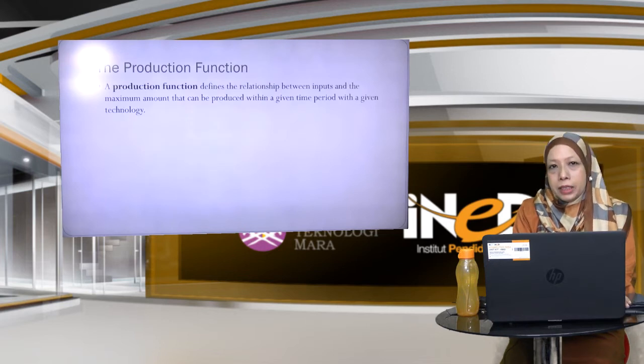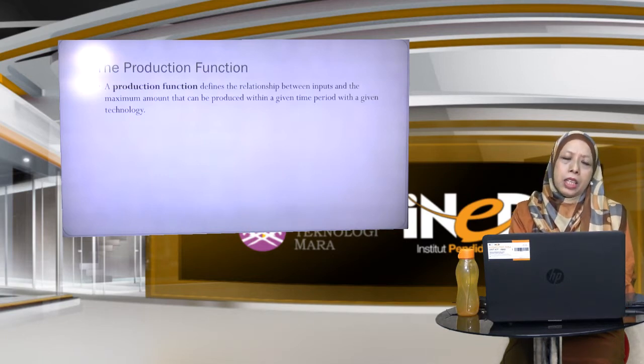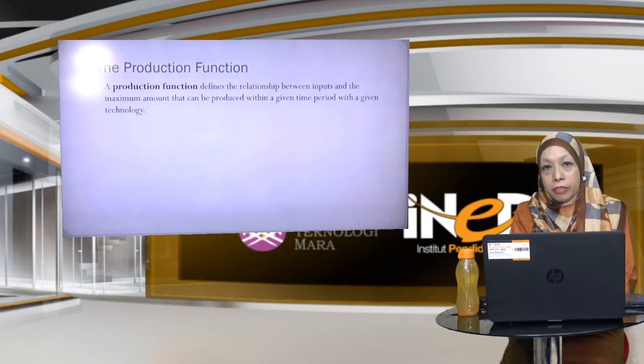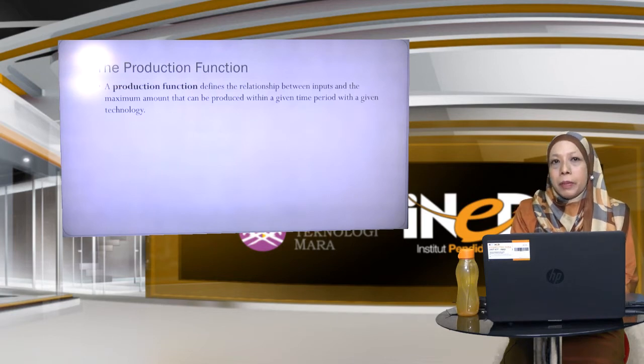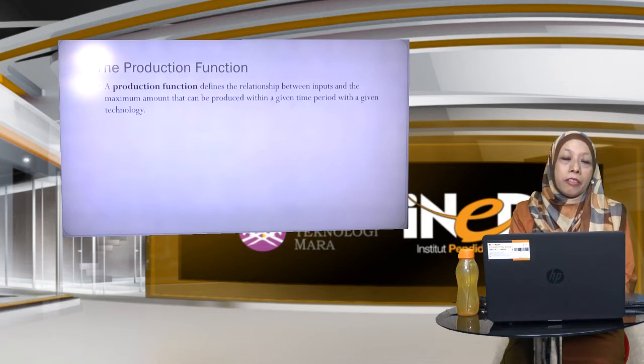Alright, so let me start off by introducing to you what production actually is. When we talk about production, production is a process where firms convert inputs into output. And inputs comprise land, labor, capital, and entrepreneurial ability. All these resources are converted into output in the production process.